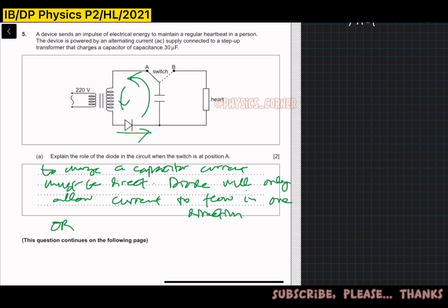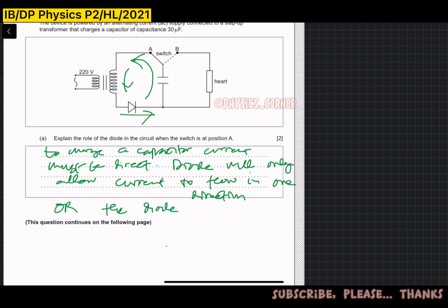Because we don't have another diode on the other side, the diode provides half-wave rectification, only half of the rectification. That's it.